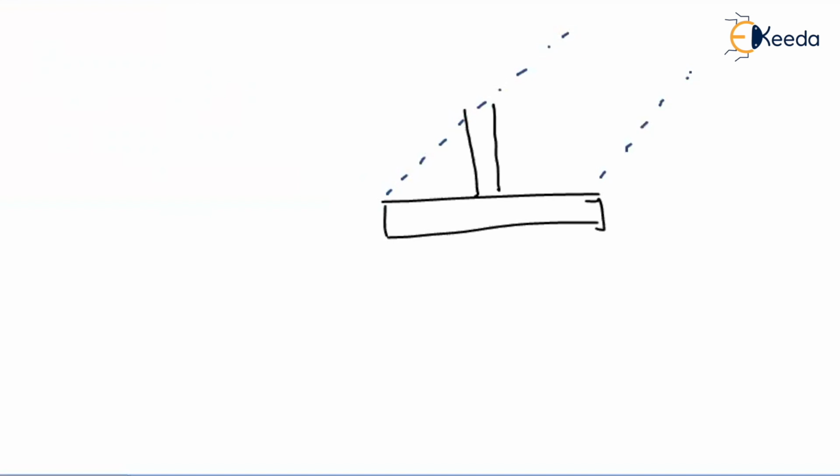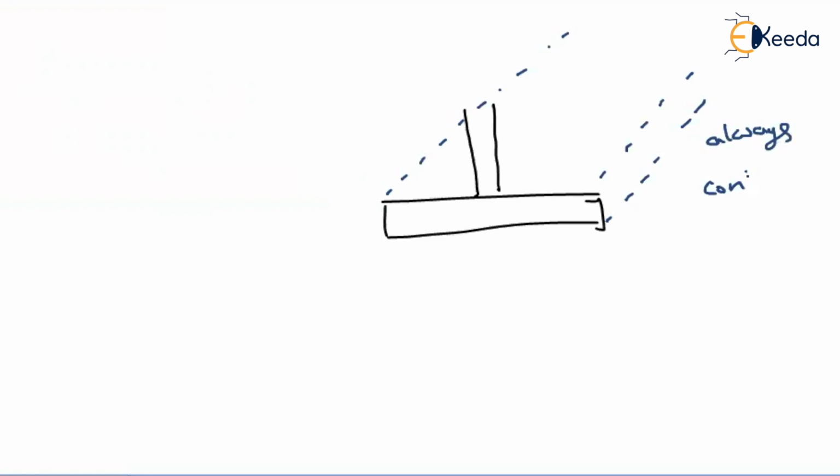That means if I draw a diagram here, let us assume this is your footing, and along the other dimension, it is always continuous.